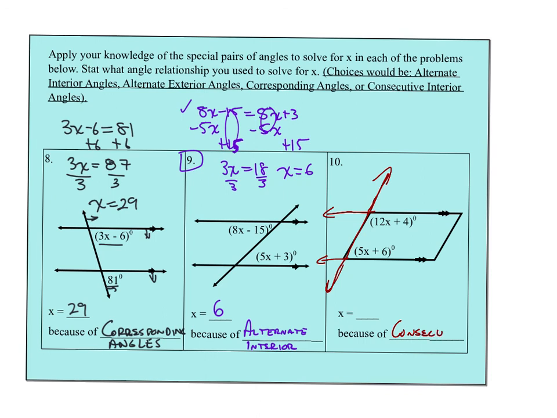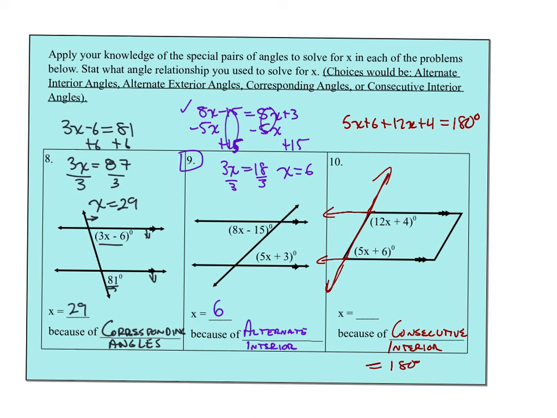If you had said in your mind consecutive interior, that's correct. That's exactly what you want. Now remember, consecutive interior is the one that adds up to 180 degrees. So I want to take 5x plus 6 plus 12x plus 4 and set that equal to 180.